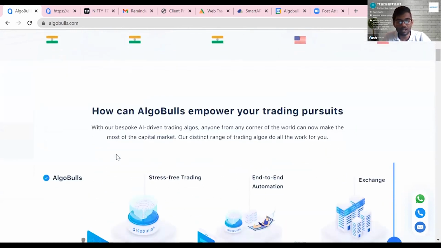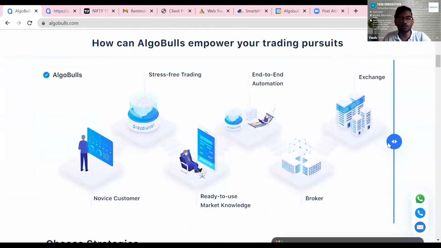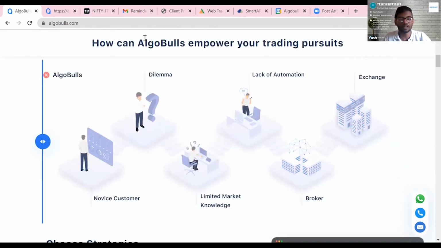Apart from that, I know almost every one of you must have a question on how exactly algorithmic trading works and how you can automate your trades. So in algorithmic trading, if anybody tells you about it, they might say, "You would need to code the strategies, you need to know Python, or you would need to connect to the broker's API."